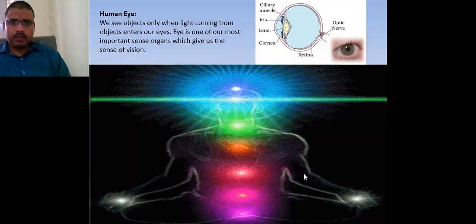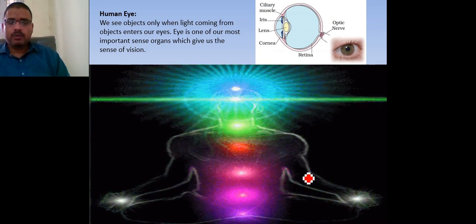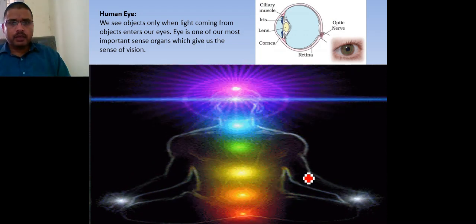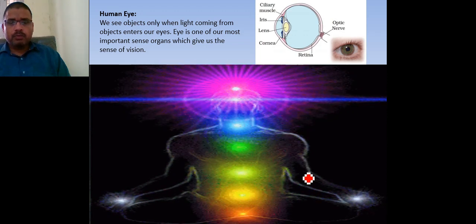Now, the most important topic which I am going to discuss here is the human eye. It is a very essential and important topic for physics as well as for biology. You will have this important topic in different classes, in class 10, in class 12, and in biology also.